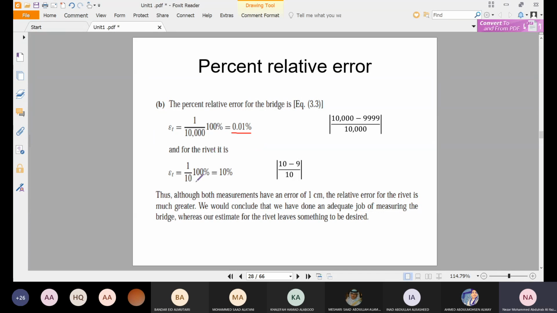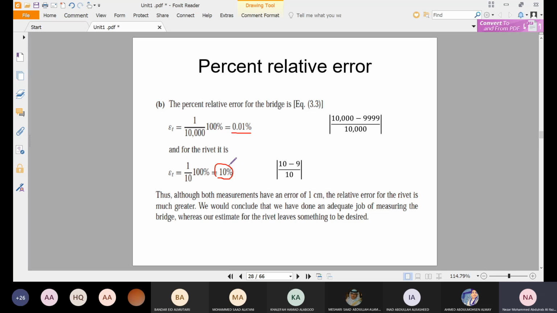For the rivet, we have 10 minus 9 over 10, times 100, and this equals 10%. You will see now that the 1 centimeter with respect to the bridge is just 0.01%, and with respect to this pin it is equal to 10%.